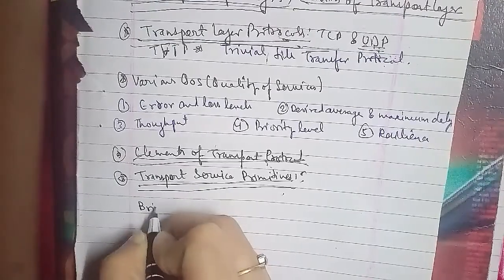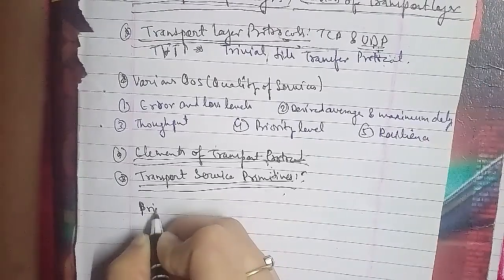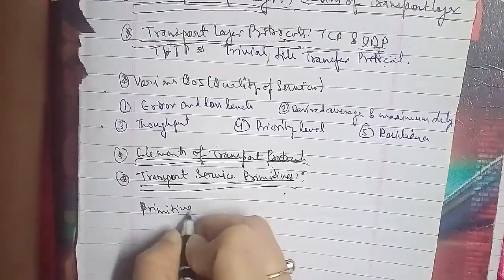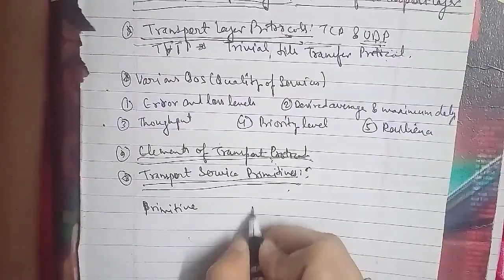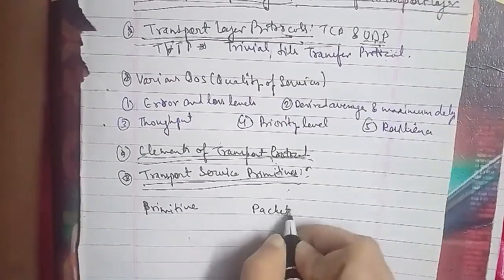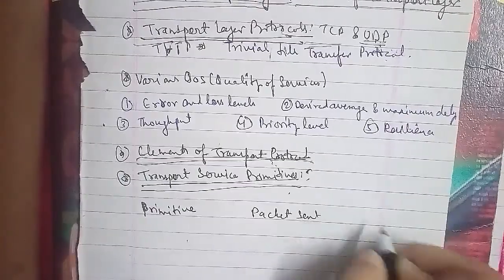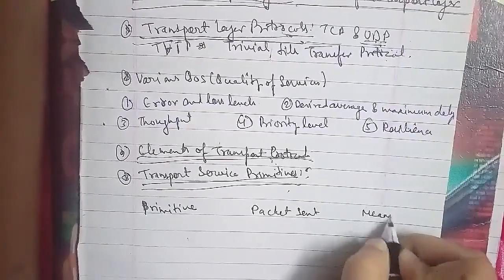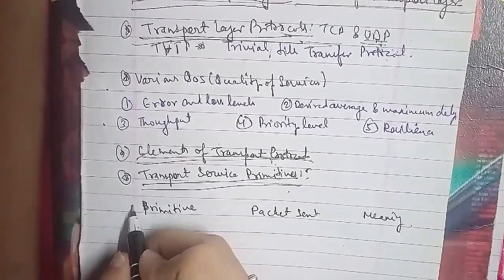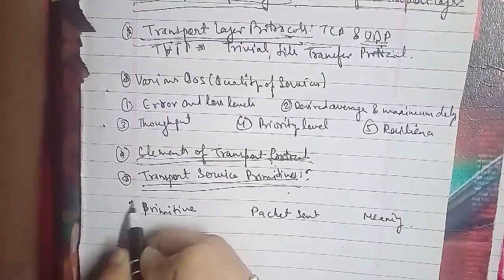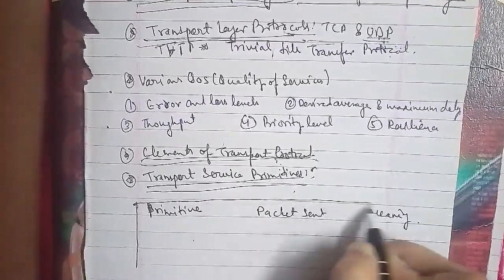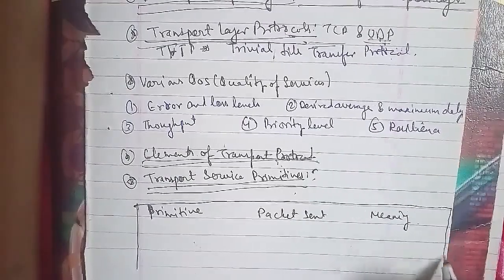The next primitive we have is connect. In connect, the packet sent is the connection request, that is, connection REQ. The meaning is to actively attempt to establish a connection here.